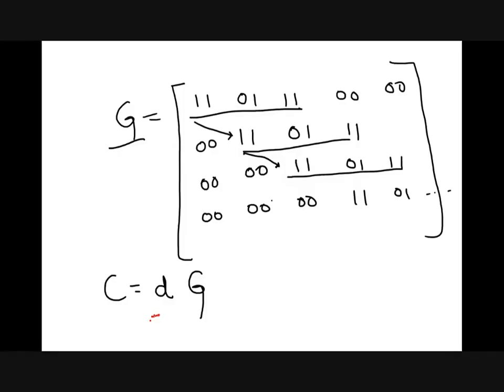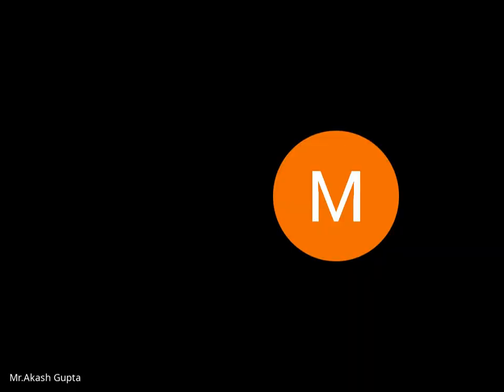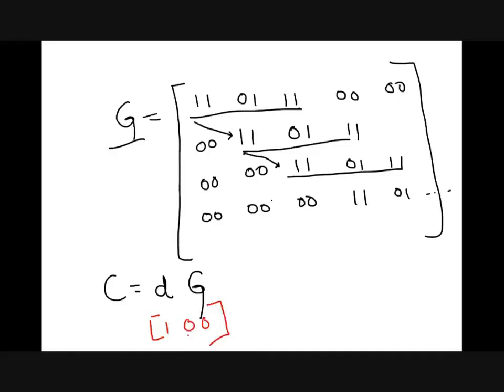If I multiply it with this, what will be my output? If I multiply it with the first column, I will be getting a 1. Second column, 0, 1. Third column, 1, 1. Output, then after that 0, 0, 0, zeros. So I have to just take the first three components, that is 1, 1, 0, 1, 1, 1. So just multiplying the data vector with the generator matrix, we will be getting the output.